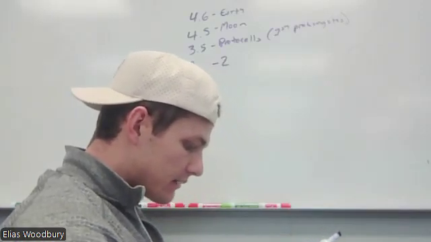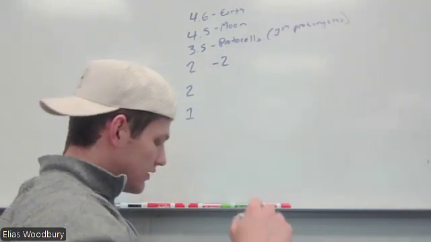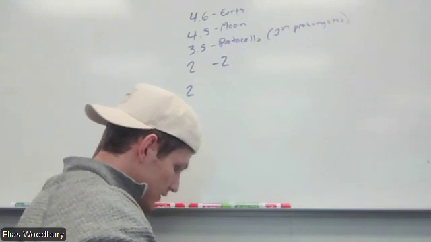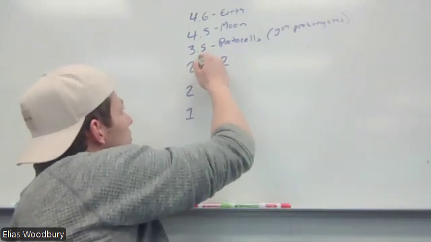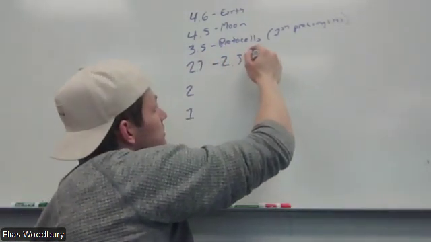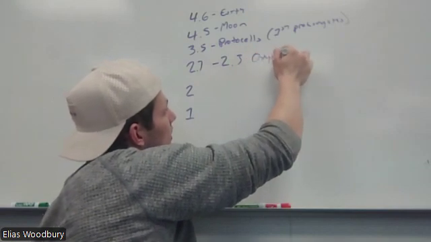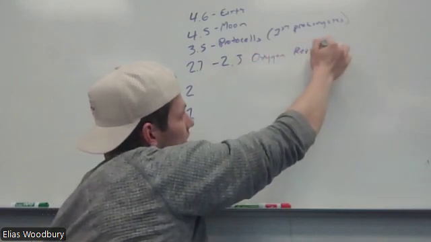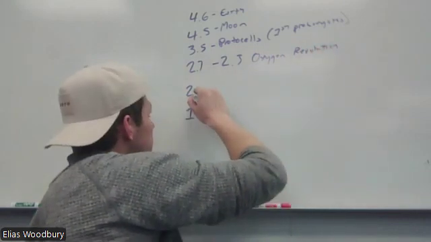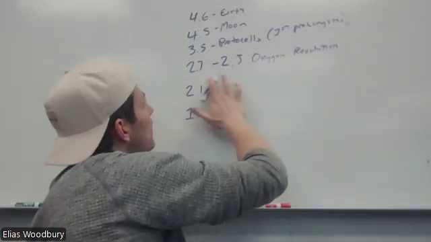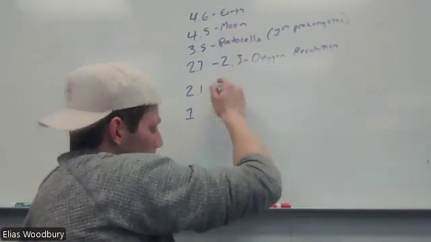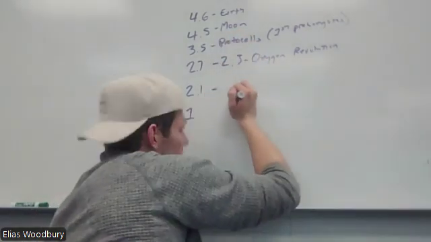And then about 2.7 billion years ago, 2.7 to 2.3 billion years ago, I had the oxygen revolution, and we'll come back to that. And then after that, about 2.1 billion years ago, I have the endosymbiosis.